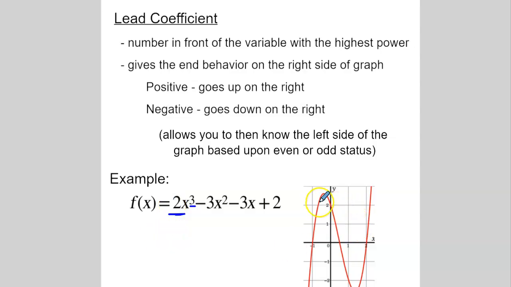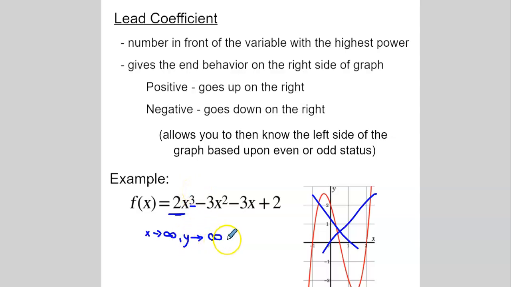So in other words, even if I didn't have this graph over here at all, the positive 2 tells me that as x approaches positive infinity on the right, y would approach positive infinity because it would be going up. And then, because this is odd, the left goes in the opposite direction.